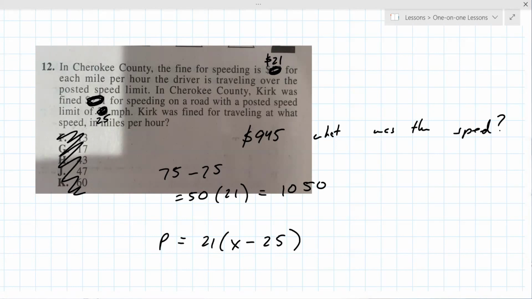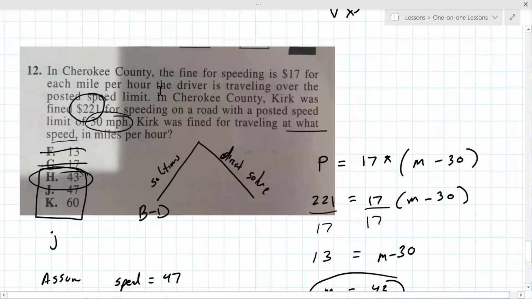Wait, in the last one, why was it p equals 17x m minus 30 though? The price of the mile per hour, and then 30 was the speed limit, because you're trying to figure out how many miles are over the speed limit. Right, so why wouldn't it be set up the same way, just with different numbers?